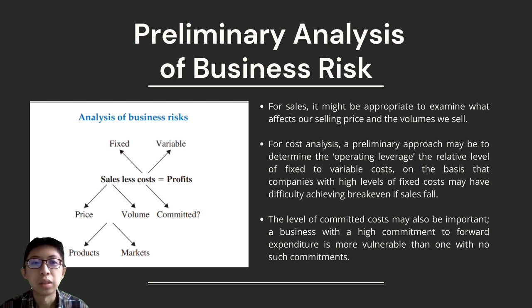As business risk relates to variability in operating results, it seems reasonable to examine the factors making up these operating results, which takes us back to the basic accounting model. Sales less cost is equal to profits. We can then begin to see what effect each of these items has for our particular company.